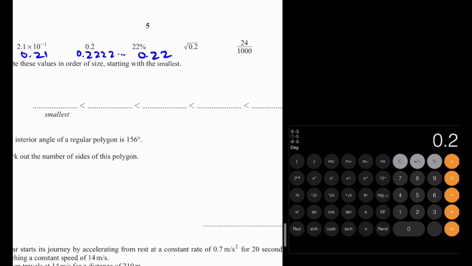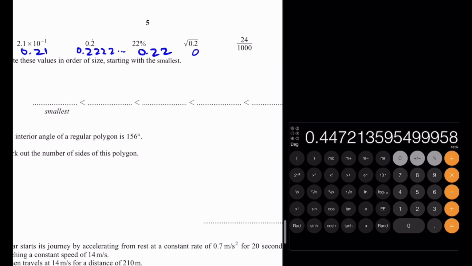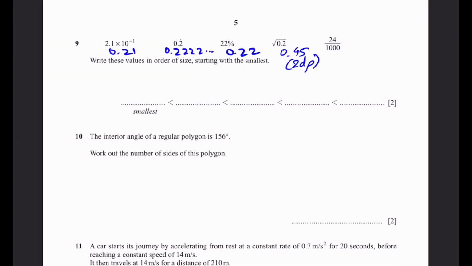Root 0.2, let's get our calculator out, the square root of 0.2. We get 0.45 to 2 decimal places. And then 24 by 1000 will be simply 0.024. So the smallest is 0.024, or 24 by 1000 as given.